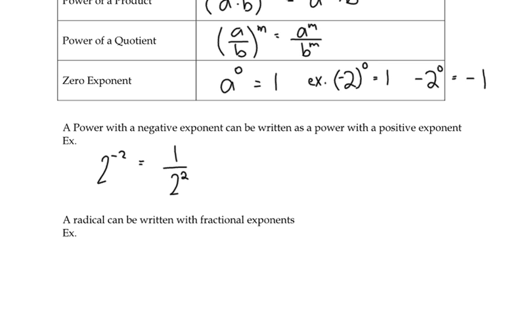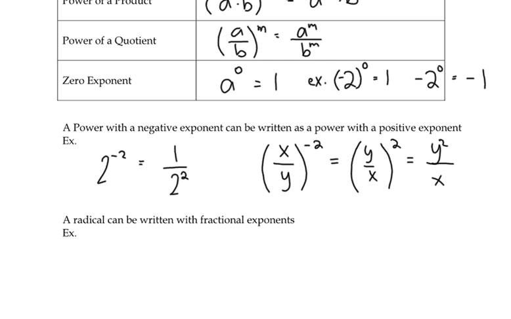Or 1/4, right? What if we have a fraction to the power of a negative exponent, so negative 2? You flip the y and x, make it positive, and then would that apply to both? Yes. Okay, so negative exponents are flippable.